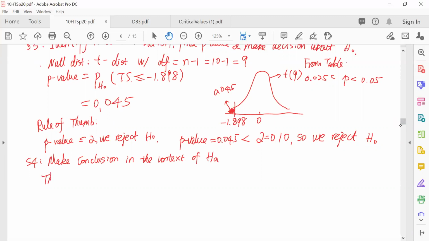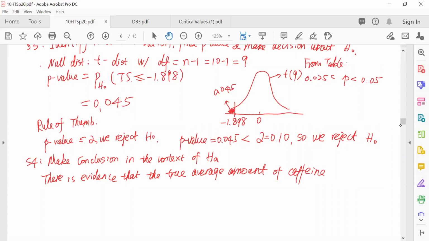So we will say there is evidence that the true average amount of caffeine in this brand is less than 60 milligrams. So that's the end of this question.